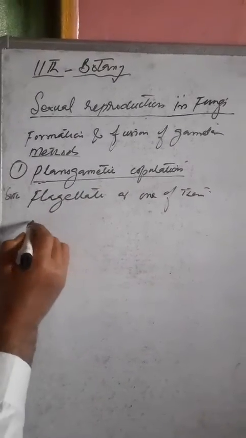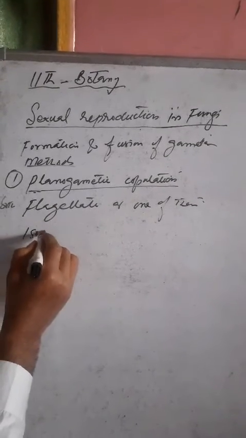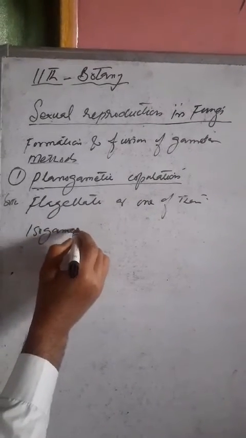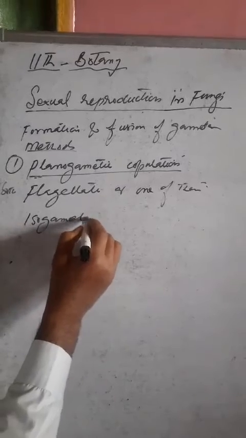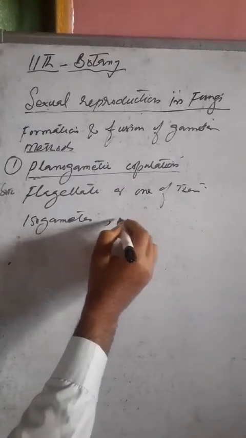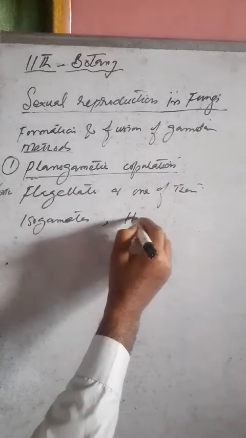And these gametes may be isogametes, or they may be heterogametes.